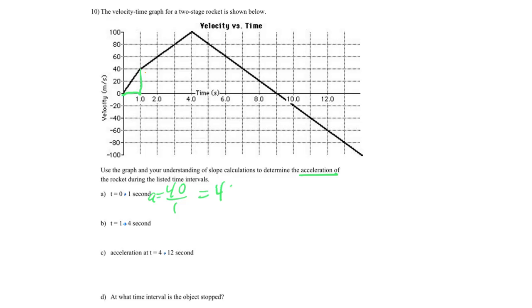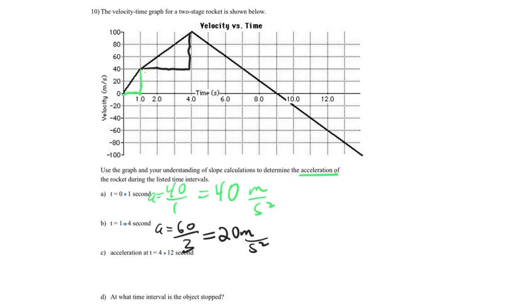That'd be 40 meters per second squared, positive. 1 to 4 seconds, so I'll just do a rise over run. The rise is 100 minus 40 is 60. And the run is 1 to 4. 1 to 4 is 3. So that comes out to be 20 meters per second squared.